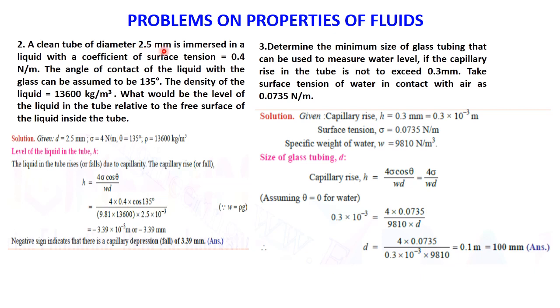So see, a clean tube of diameter 2.5 mm. We have a particular tube of diameter 2.5 mm which is immersed in a liquid with a coefficient of surface tension, that is sigma, as 0.4 Newton per meter.